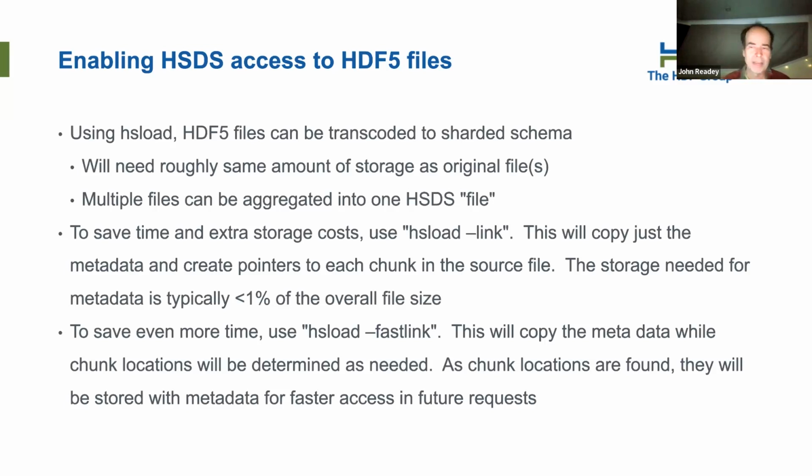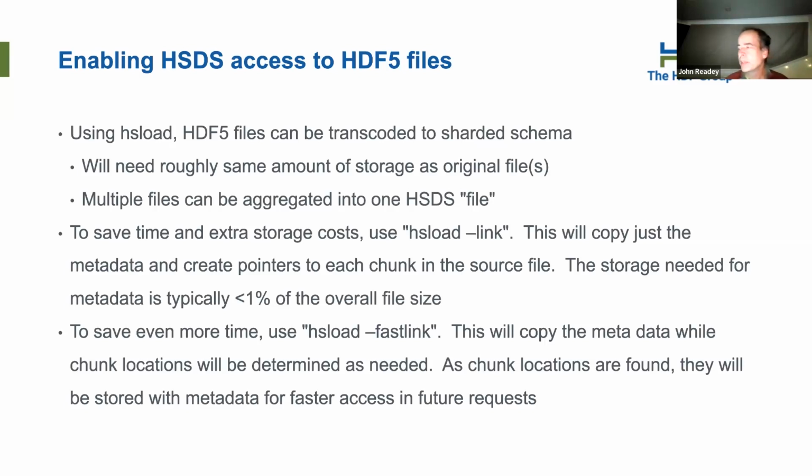So it's kind of like repack, but you're repacking from your local machine to the cloud. The amount of storage is similar to the original file. And by the way, you can aggregate 1 gigabyte files to make a 1 terabyte HSDS file.